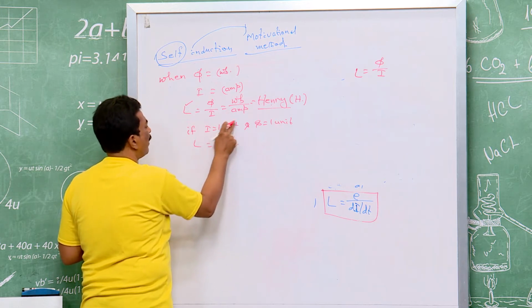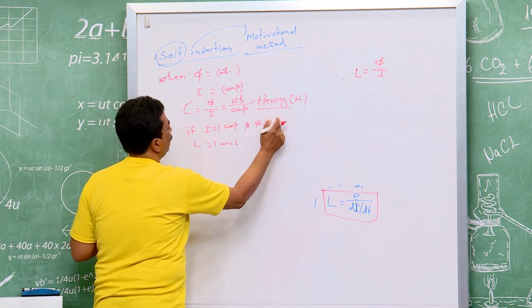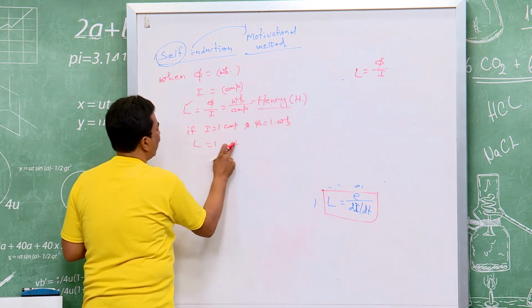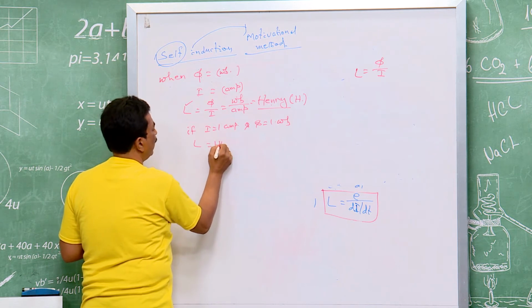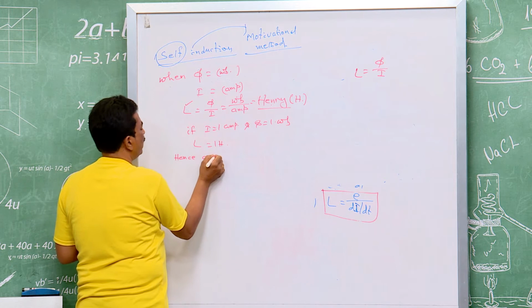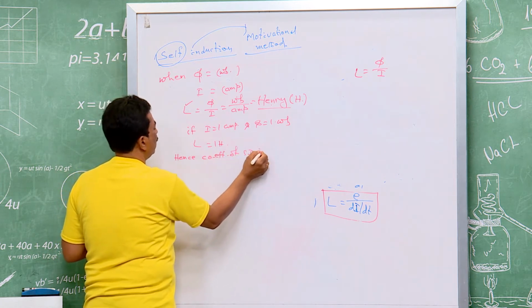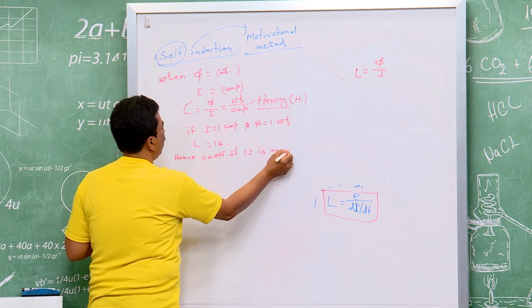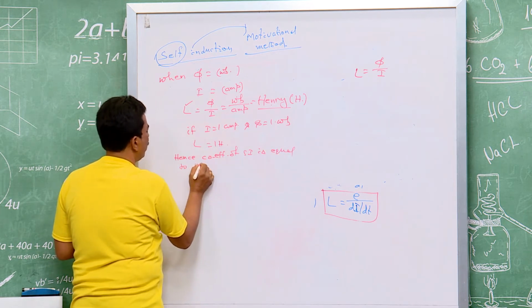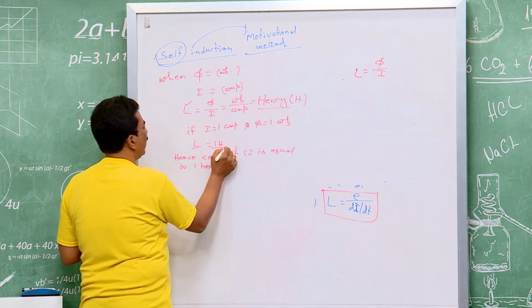If I 1 unit is the ampere and phi 1 unit is the Weber, then L 1 unit will be the Henry. Hence, coefficient of self induction is equal to 1 Henry, means L is equal to 1 Henry.